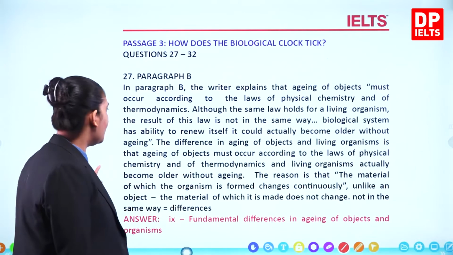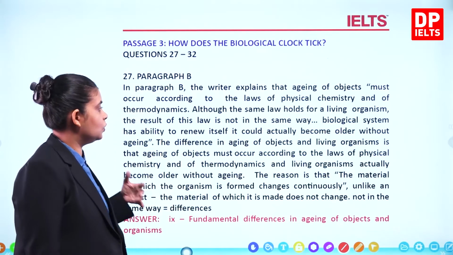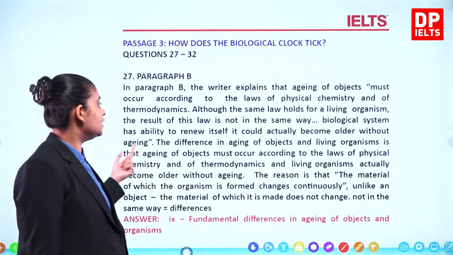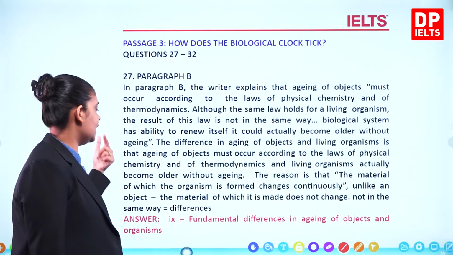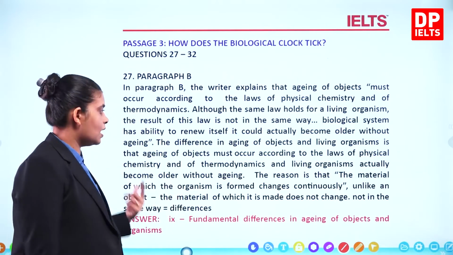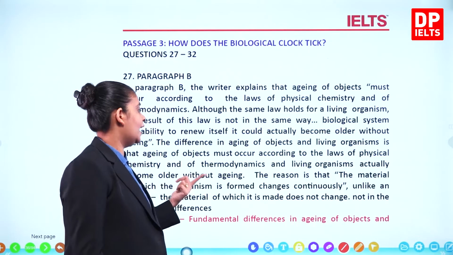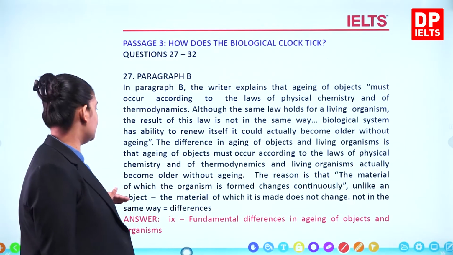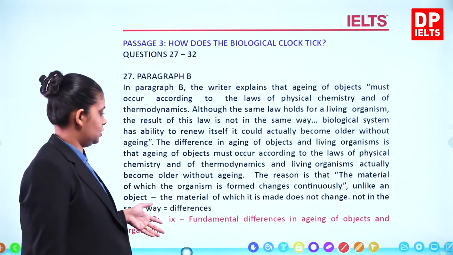A biological system has the ability to renew itself. It could actually become older without aging. The difference in aging of objects and living organisms is that aging of objects must occur according to the laws of physical chemistry and of thermodynamics, right? So the reason is that the material of which the organism is formed changes continuously.